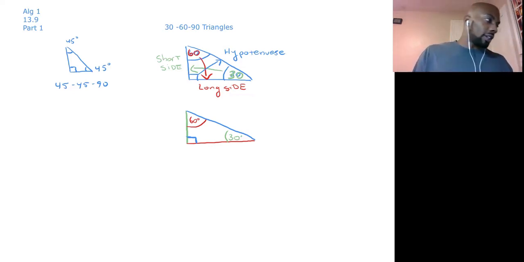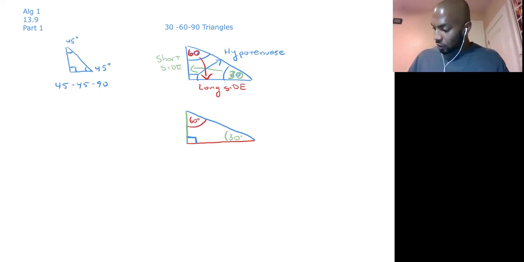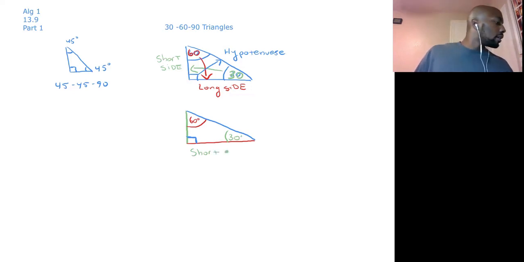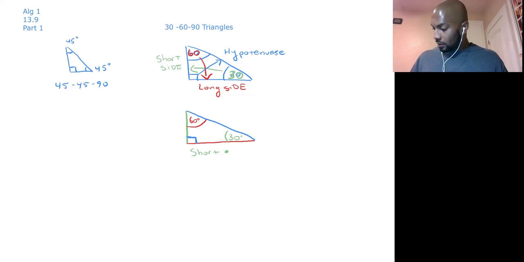So here's the relationship. The long side, that red long side, is always going to be whatever the length of the short side is times rad 3. That's always going to be the relationship between the short and the long side: the long side is always the short side multiplied by rad 3. The short side will always just be the short side, whatever its length is.